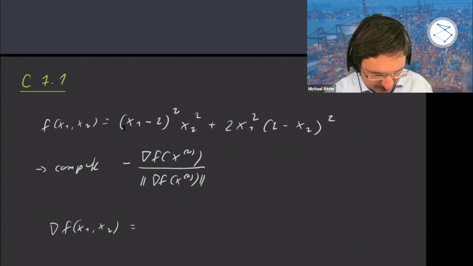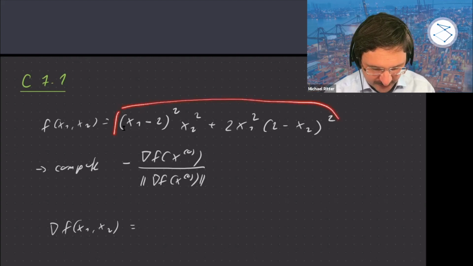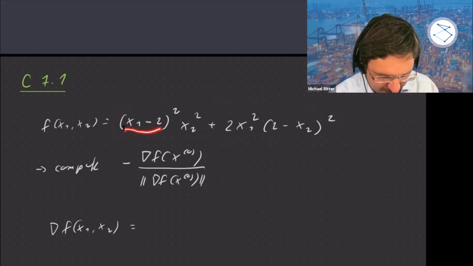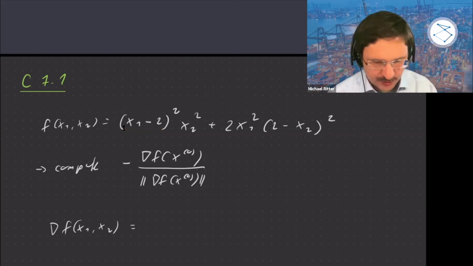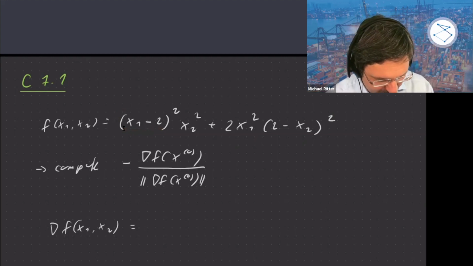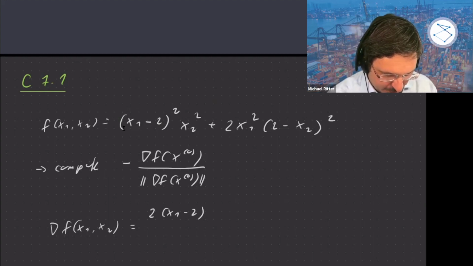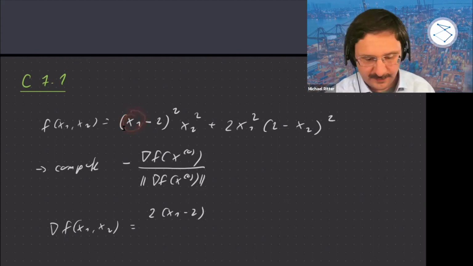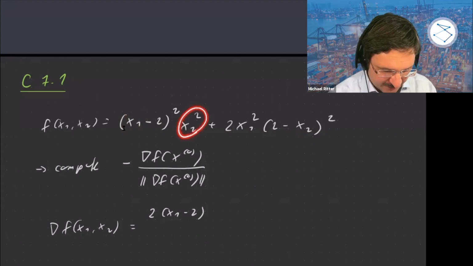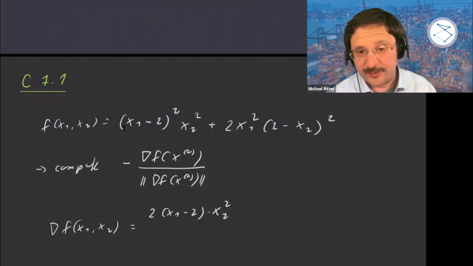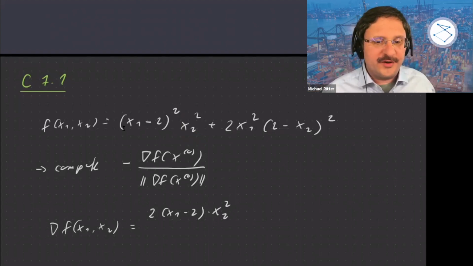So let's first do the partial derivative of that function with respect to x1. We have an x1 here in that term. So to differentiate that means we get 2 times (x1 minus 2). Then we have to multiply with the derivative of this function. That would simply be 1. And then, of course, we keep this here because differentiating with respect to x1 means every x2 term is treated as a constant.